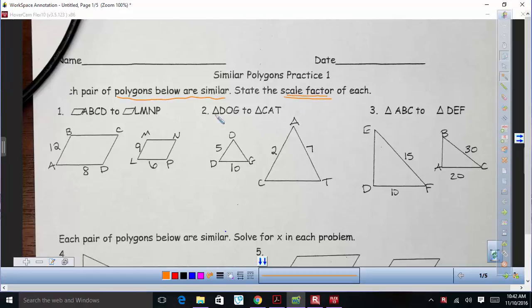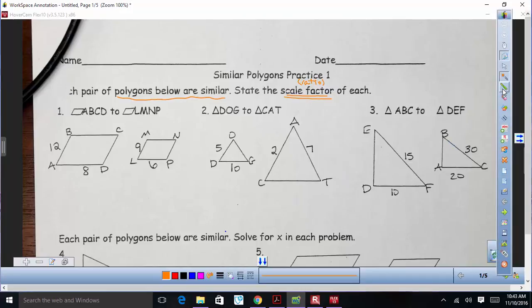To figure out whether the polygons are similar, we are going to need to compare the ratio of the sides, okay? If the ratio of the sides are the same, then they're similar, and if they're similar, that ratio is your scale factor. So we're kind of doing both of them at the same time.